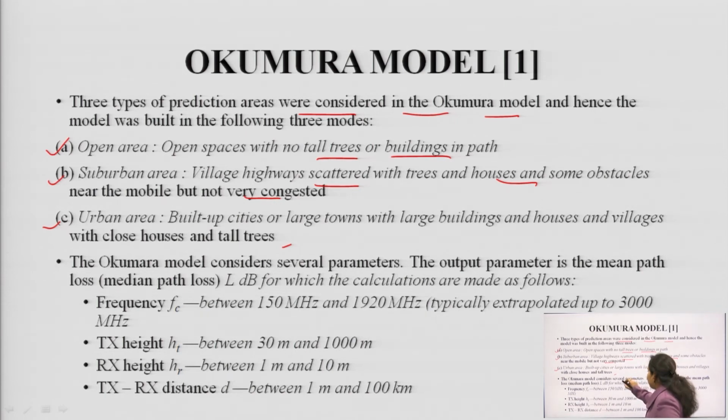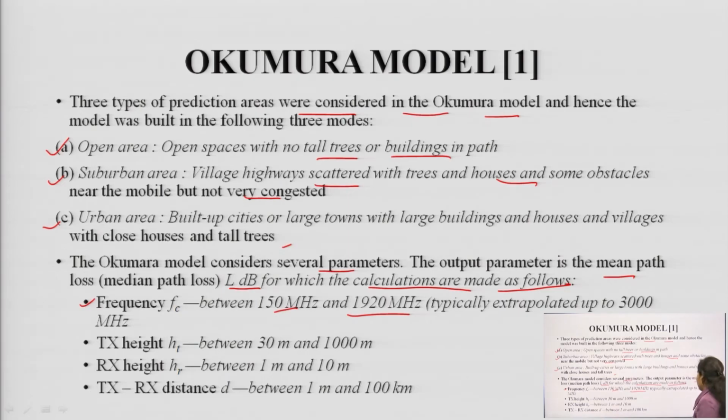So, the Okumura model considers several parameters. The output parameter is the mean path loss or median path loss, which is denoted in decibels, for which the calculations are made as follows. This is the frequency fc between 150 megahertz to 1920 megahertz, typically extrapolated up to 3000 megahertz. So, this is the range of frequency that we can consider.